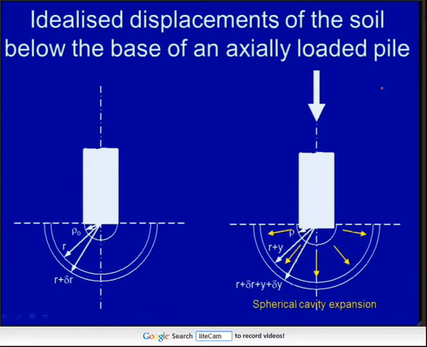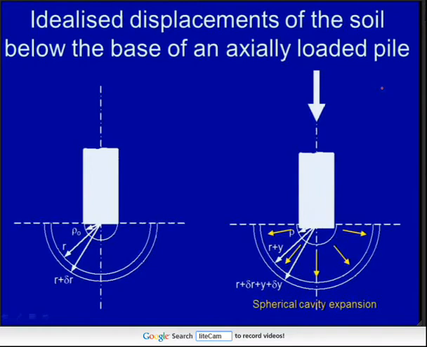So effectively, somebody has blown up the football and increased its pressure, and it's stretched outwards. So we're pressing in the centre, and it's causing each one of those hemispheres to increase slightly in size. There's a mode of analysis called cavity expansion theory, which can be used to analyse that. So that's what's going on underneath the end of the pile.